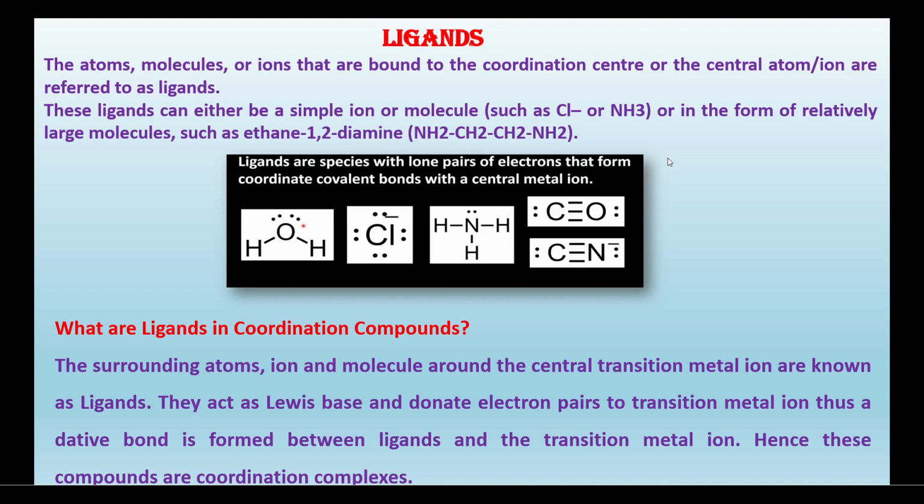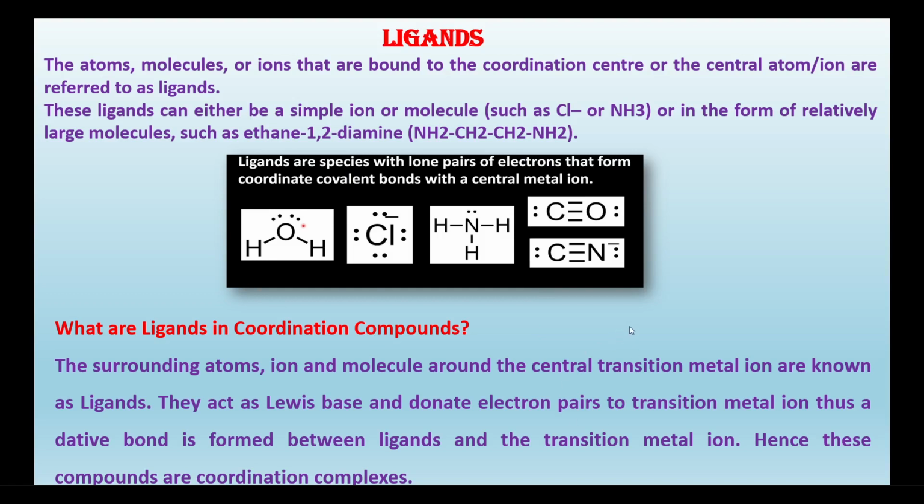Once again, ligands are species with lone pairs of electrons that form a coordinate covalent bond with a central metal ion. These are some of the common ligands: the water molecule, chloro, amine, carbonyl and cyano. These are all different types of ligands.